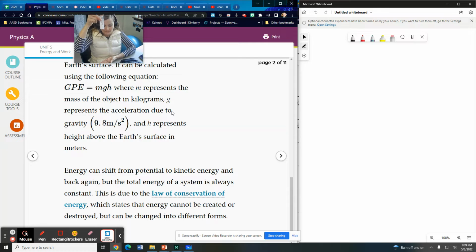When I drop it, it increases its kinetic energy because it keeps getting faster and faster until it hits, but it decreases its potential energy till it has zero potential energy once it is touching my hand. Okay, so one goes up and the other one goes down, but the sum of the two will always be equal. Let's do a little pretend calculation to show you that, right?